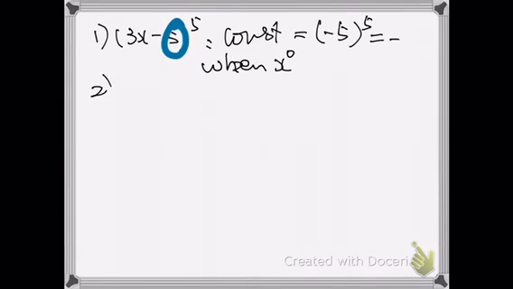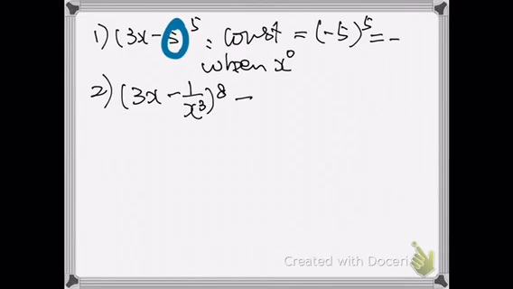The second one is when the first term and second term both have x in them: (3x − 1/x^3)^8. We need to find a term where the x's cancel out with each other.